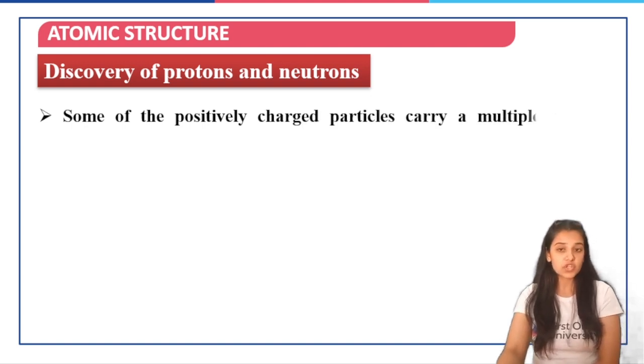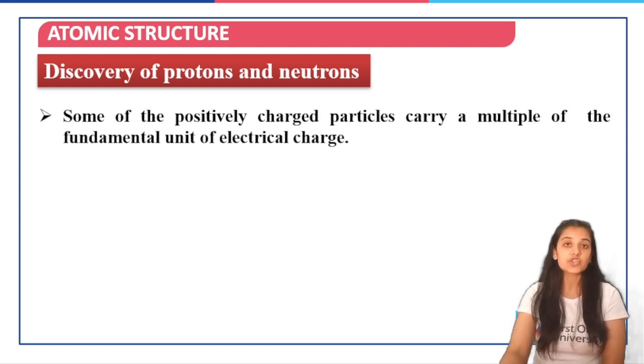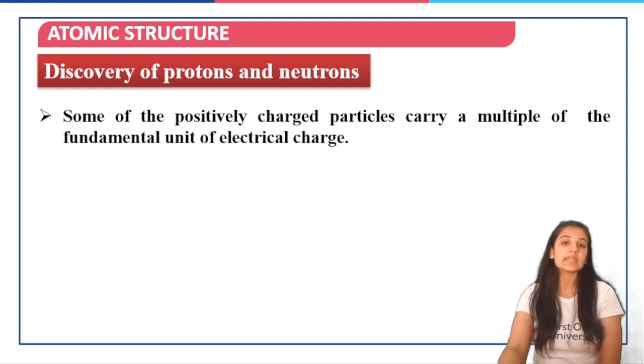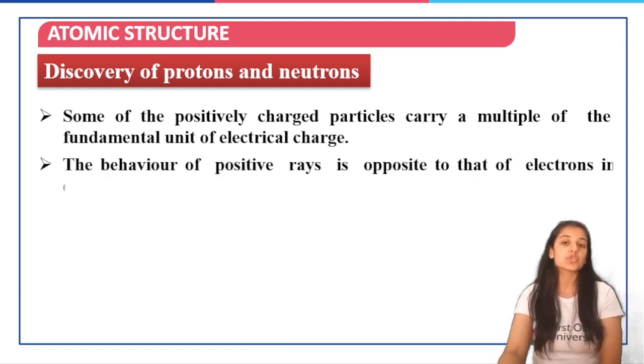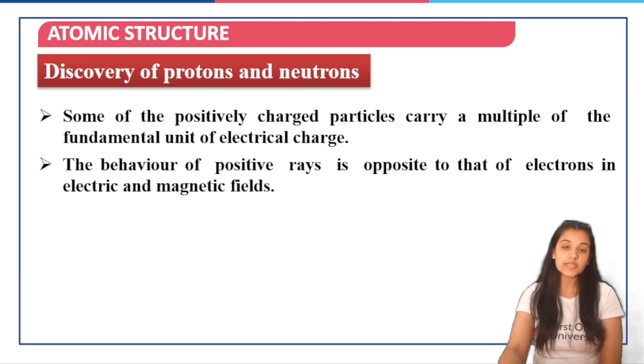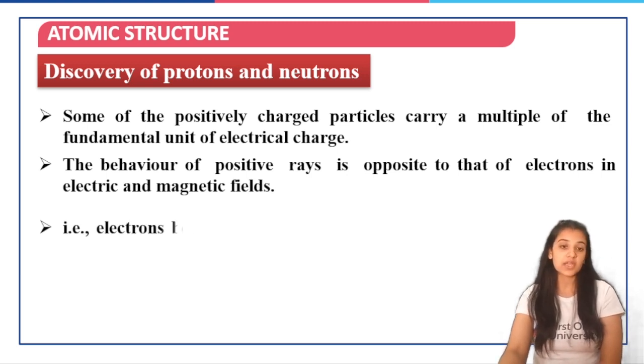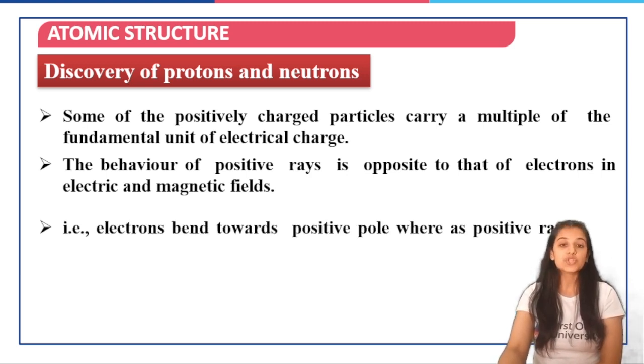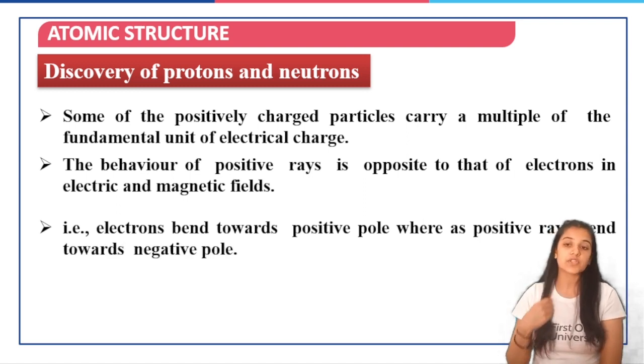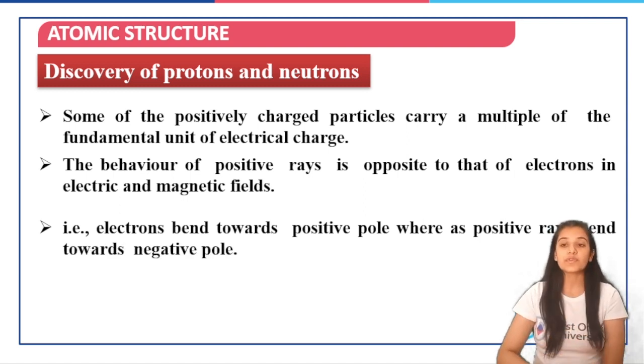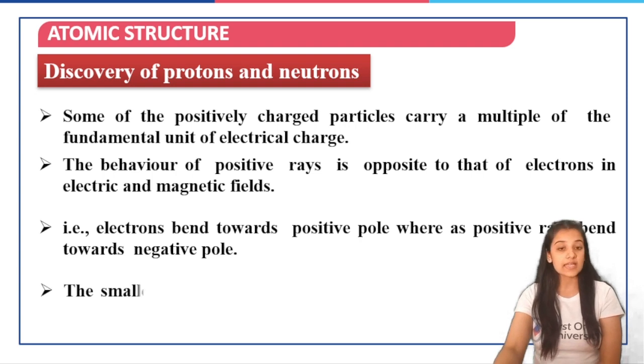Some of the positively charged particles are going to carry a charge which is in multiples of the value of e, but the behavior is going to be opposite to that of electrons in the presence of electric and magnetic field. That is, we saw that the electrons bend towards the positive pole, whereas the positive rays are going to bend towards the negative pole.